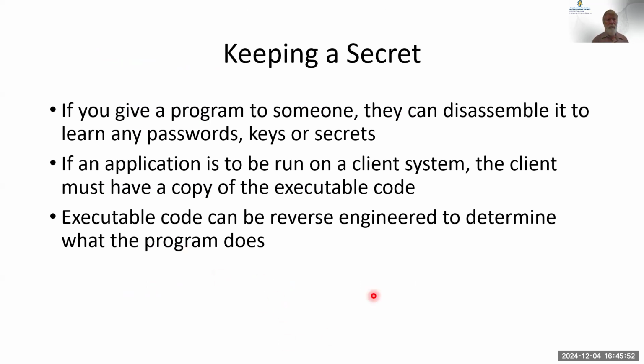So you have to be careful about that. We always have to release the executable if someone's going to execute it, and they can take the executable apart. In virtual languages like Java or Python, where the compiled version is just like, well, Python, of course, doesn't create a compiled version. It just gives you the source code. You have to look at it.